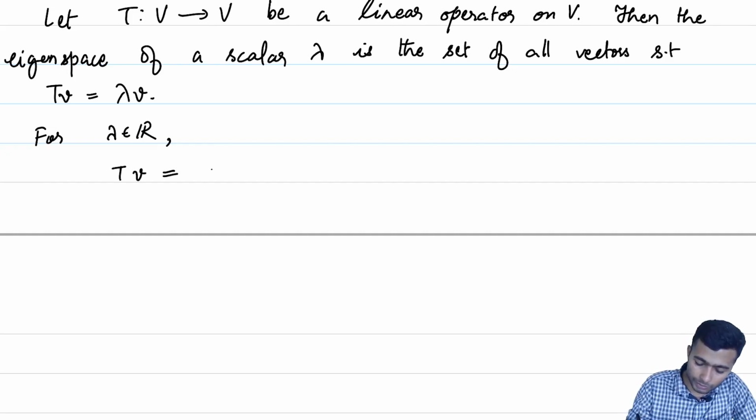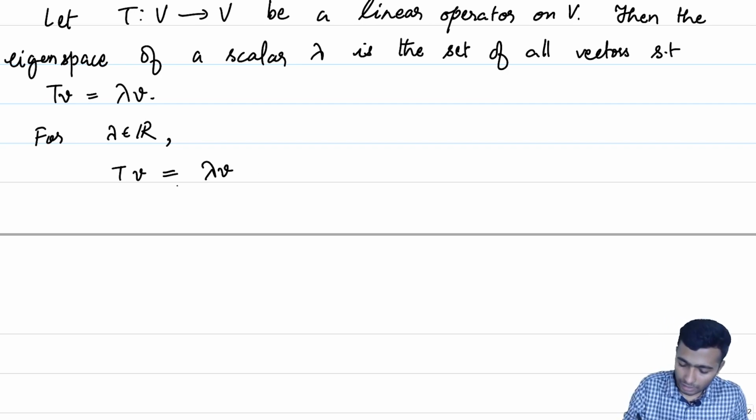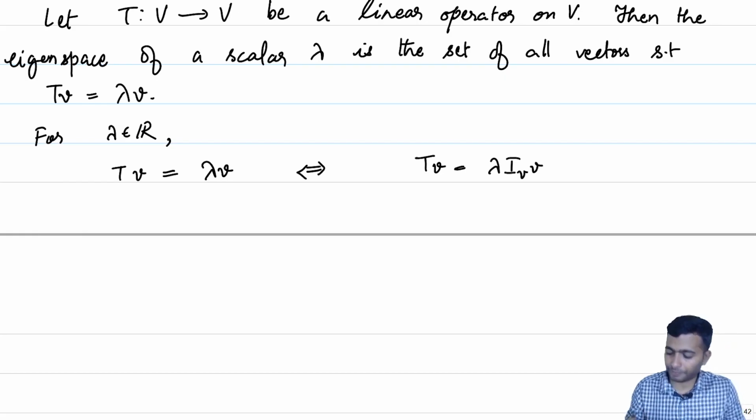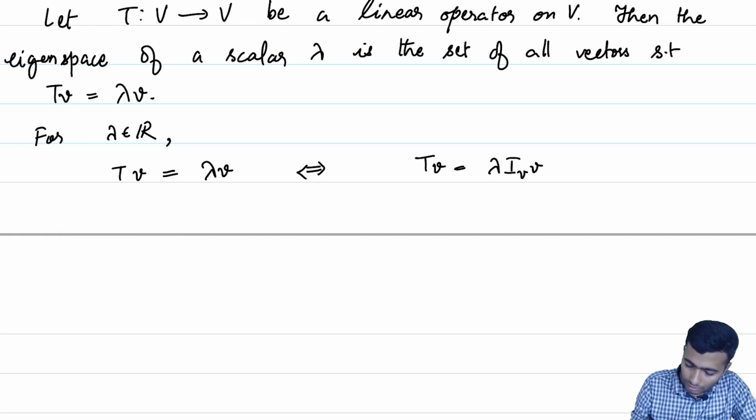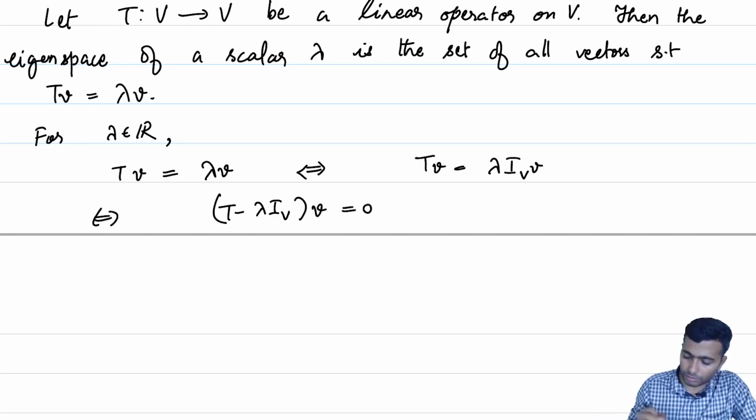This is if and only if Tv is equal to lambda I_V v, and by the operation of vector addition of linear transformations, this is if and only if (T minus lambda I_V)(v) is equal to 0.